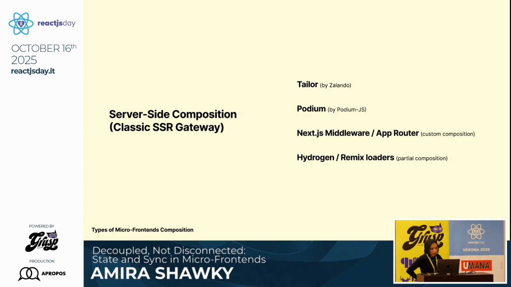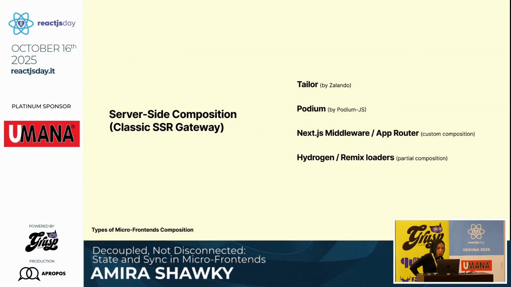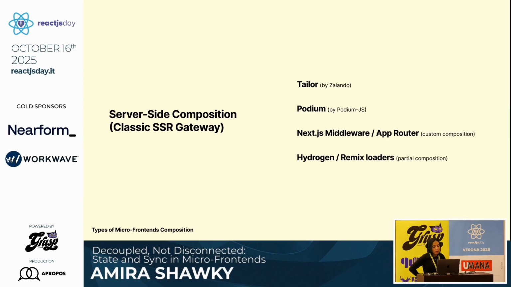Some of the popular ways to do this include purpose-built frameworks like Tailor, Podium, or even custom gateway setups using Next.js middleware or app router. So also we have partial composition patterns like hydration or Remix loaders.